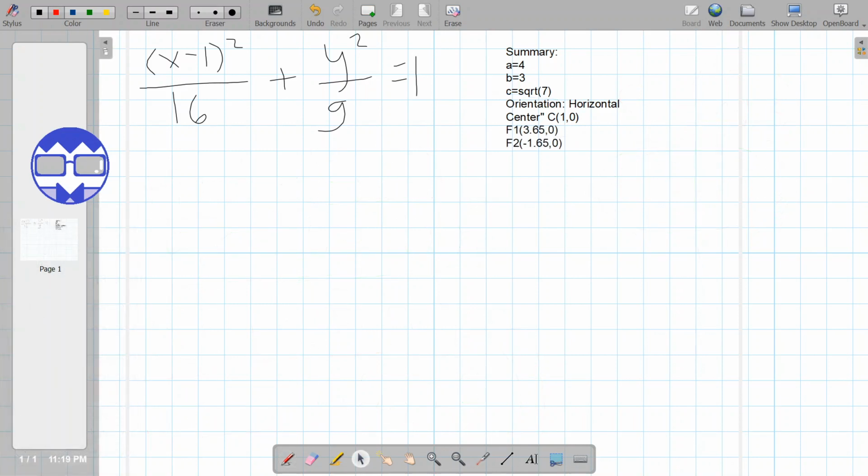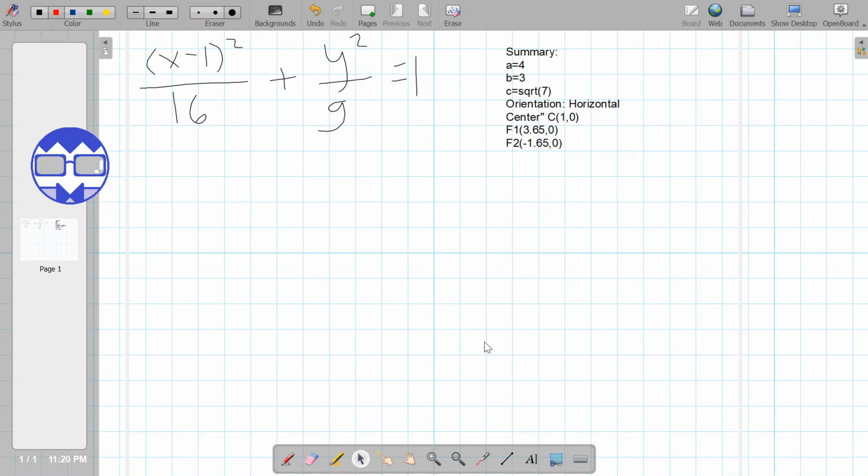Now we have the two foci, so we can go to the next element. For the next element, we're going to find the length of the major axis and find its vertices. So how to go about it?